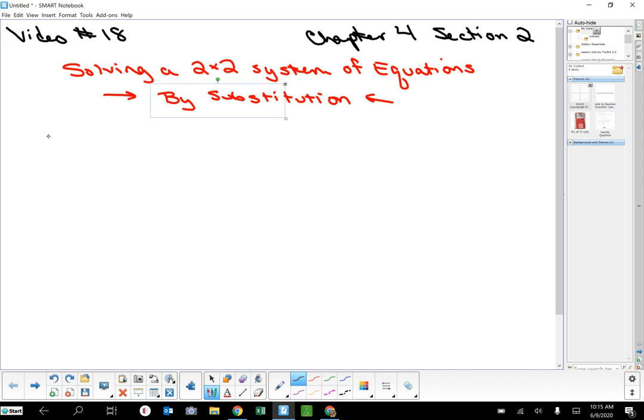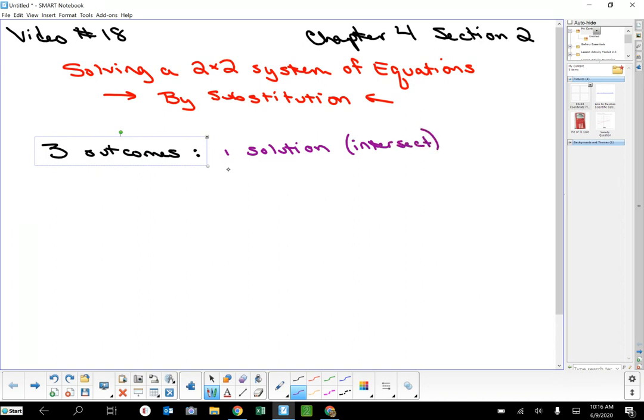Super quick review. Remember, you can have 3 outcomes to these types. We graphed last time and saw that those 3 outcomes can give you one solution, and that was the intersection point.